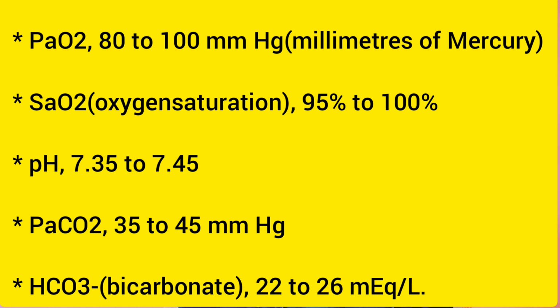The pH levels should be between 7.35 to 7.45. The carbon dioxide partial pressure should be between 35 and 45, while the bicarbonate should be between 22 and 26 milliequivalents. Serum lactate sample is often obtained along with the ABG results, and they are normally less than 2 millimoles in critically ill patients.